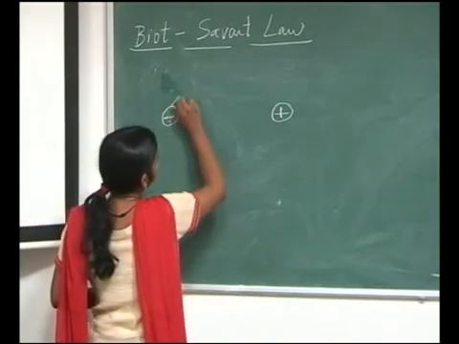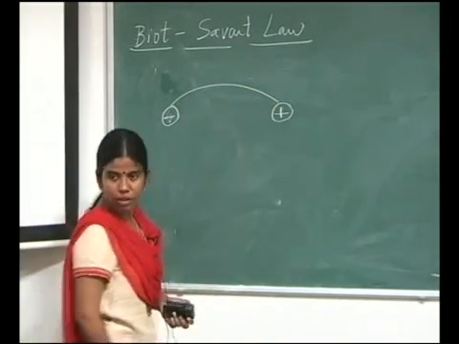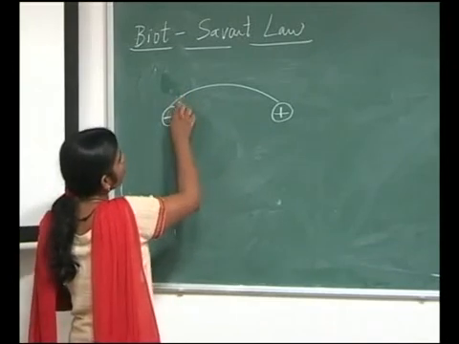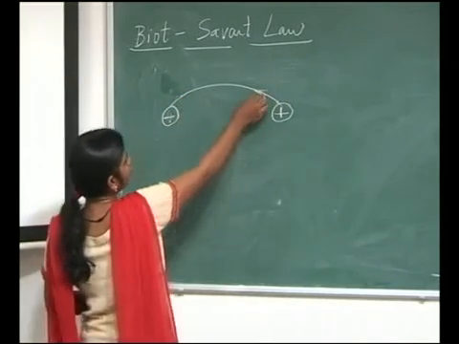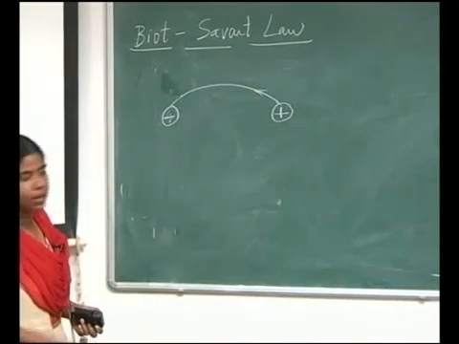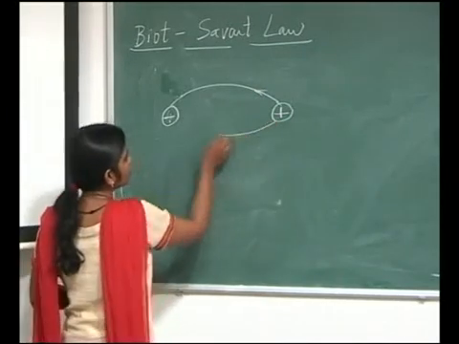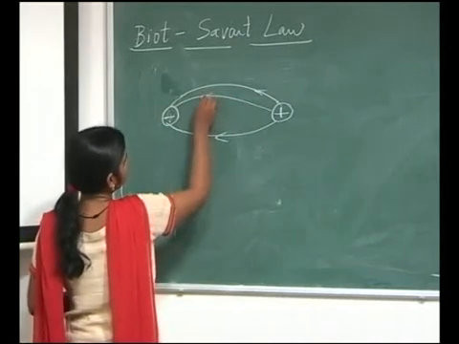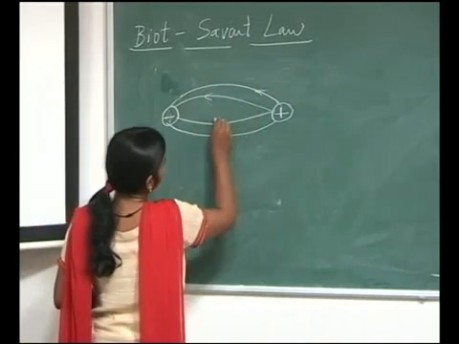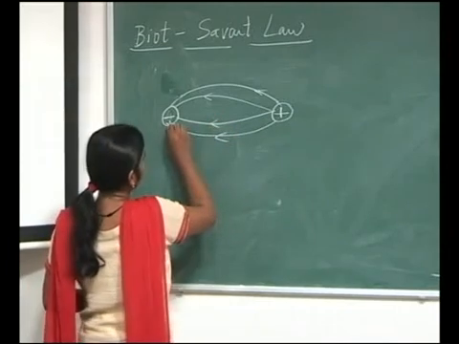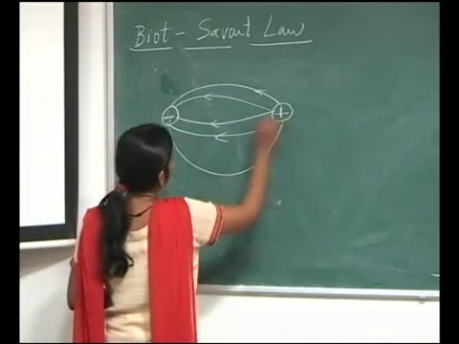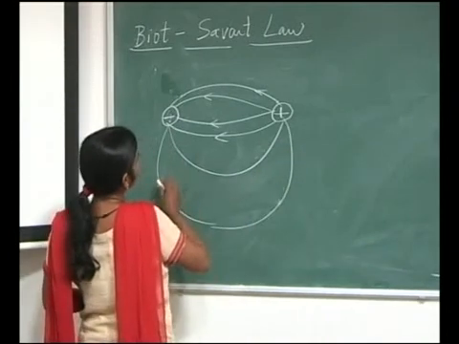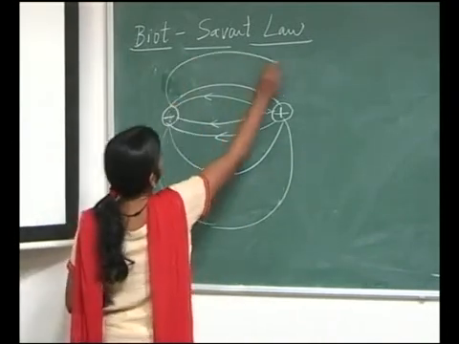They will start from the positive charge and terminate on the negative one. So it goes like this, it goes like this, then I have here, and I have something like this.